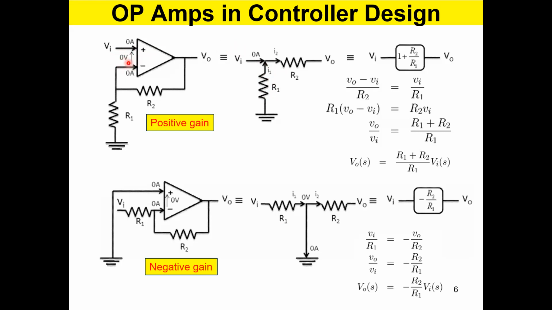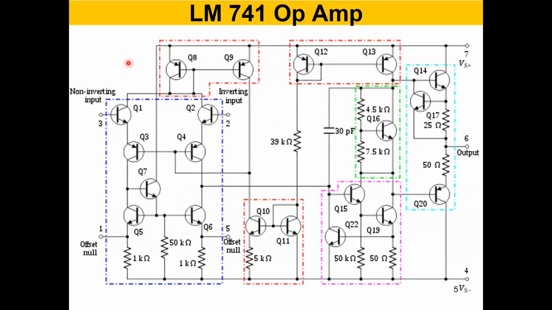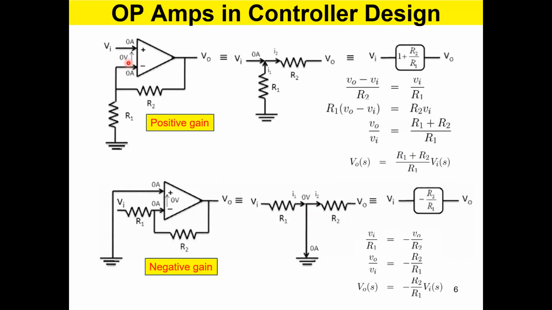The second assumption we make is that the op-amps are made with very high input impedance. The circuit has a very high input impedance, which means it does not like to take any current into it, doesn't swallow any current. So even if you connect a voltage here, it doesn't mean that you push any current into the circuit.